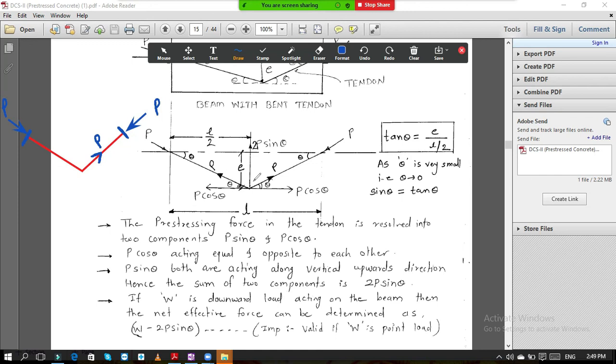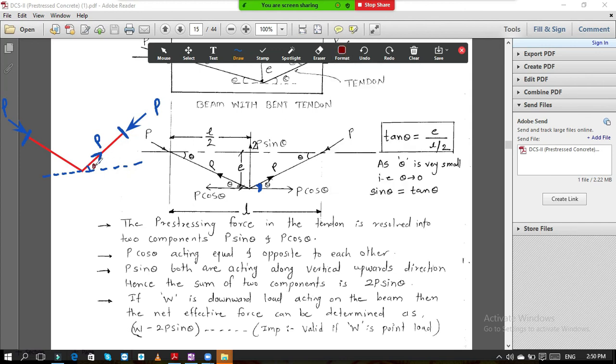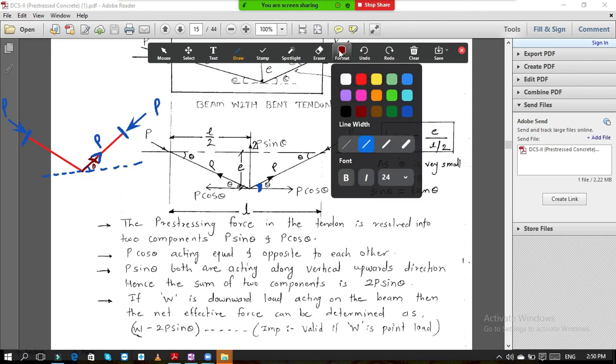Okay, and now you know that this angle is already theta. So if this angle is theta, and if you resolve this force P which is in the tendon, then what you will get?